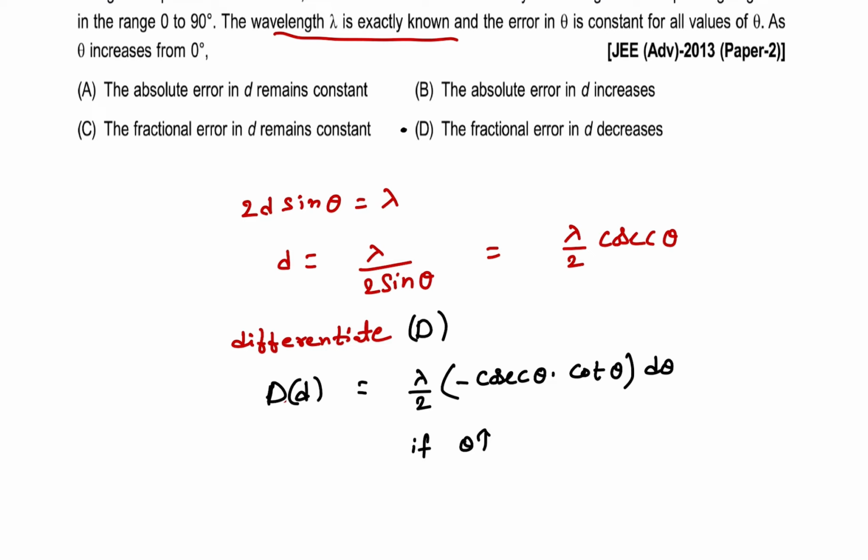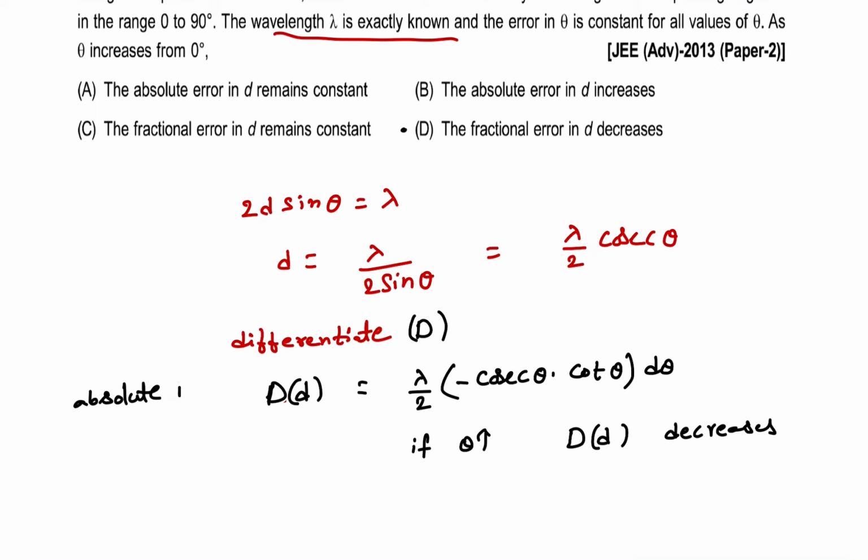So infinity into infinity is infinity only. Again at the final stage we will get a decreasing value. So finally we can say that D of d decreases.